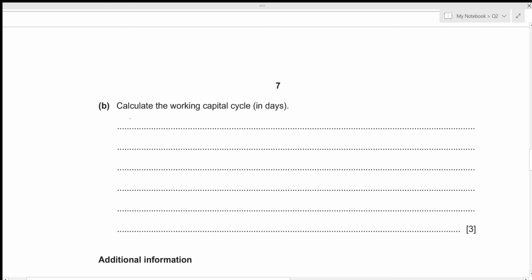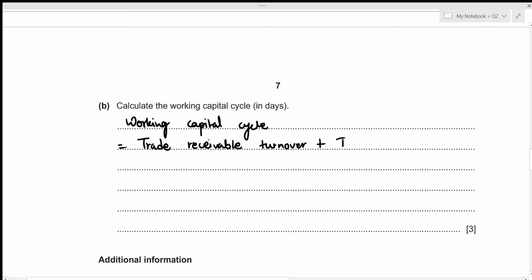So working capital cycle is just the trade receivable turnover. This is going to be in days plus our inventory turnover. This is also going to be in days minus the trade payables turnover.